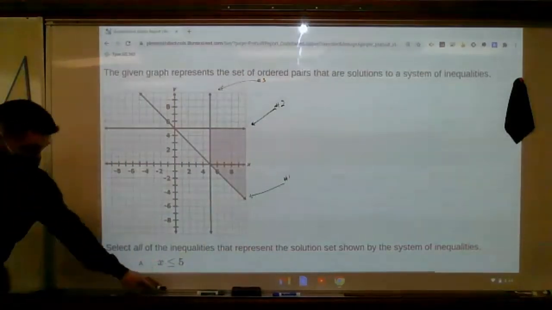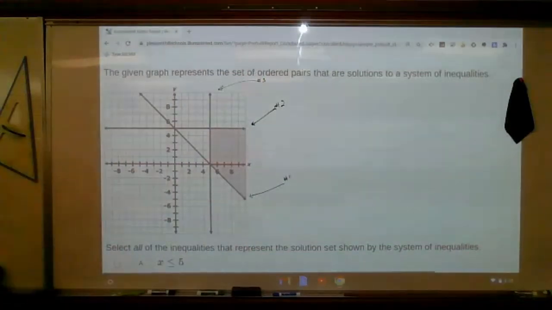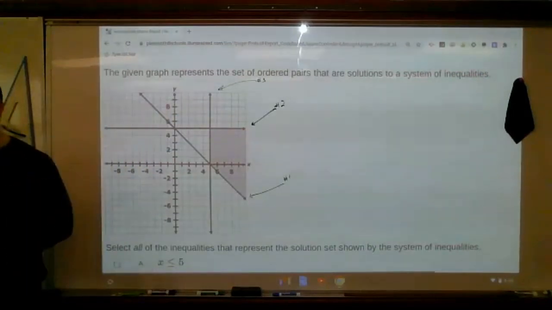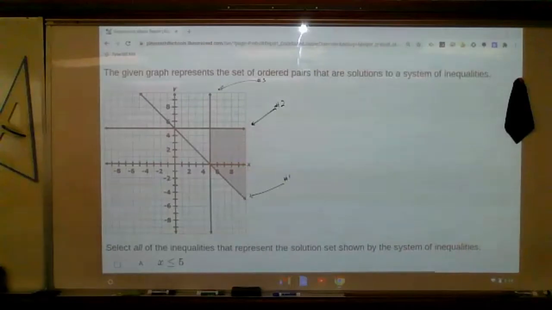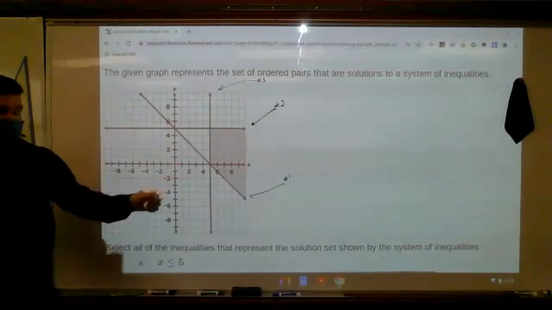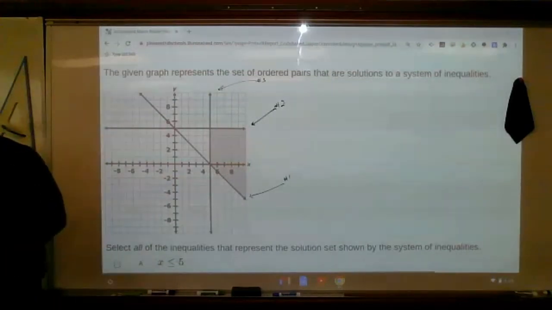So what I'd like you to do now, and it's going to be a little different than the directions on here, I want you to start by writing the equation for those lines. You should have 3 equations for the lines. Now, I don't expect you to know how to do 2 or 3. If you do, great. I've shown you during the prep module, and we've talked about it, not very much. Number 1, you should absolutely know how to make the equation. So put these in slope-intercept form. Go.